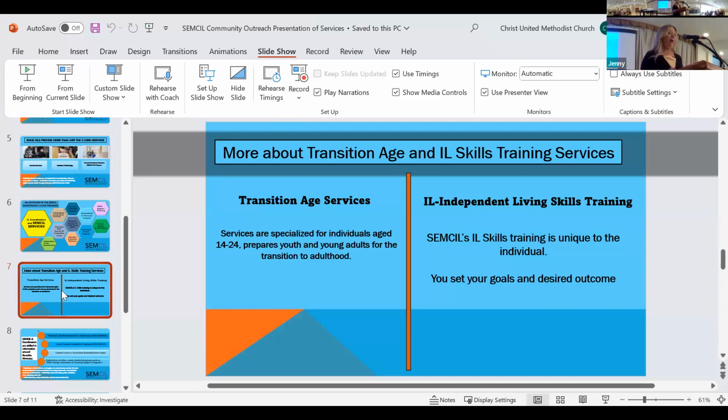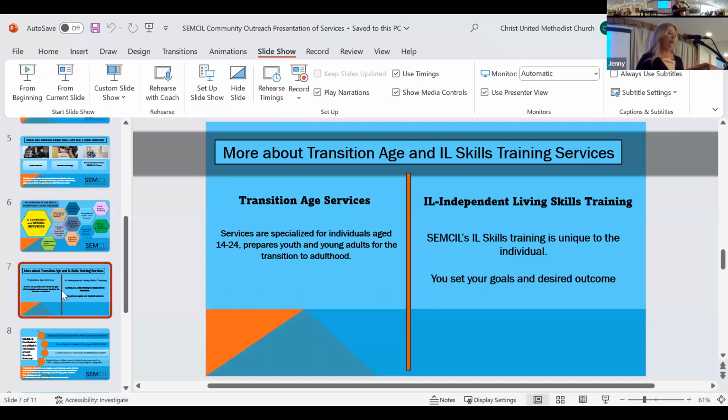Some of the popular topics that people come to us for are budgeting skills, transportation, time management skills, organization, housing searches, cooking, and also smart consumerism. We talk about healthy relationships, and we have curriculum for that.